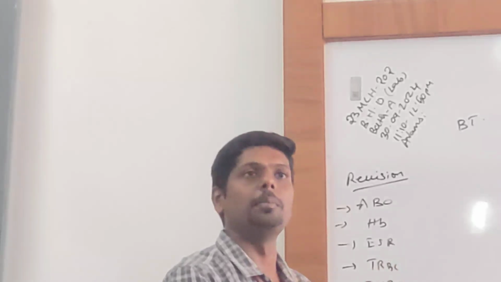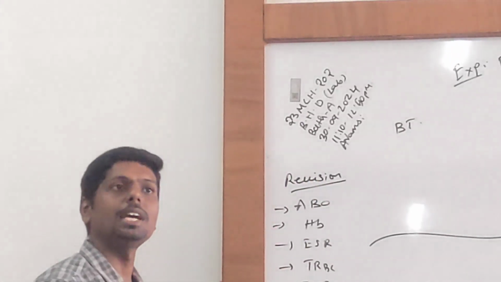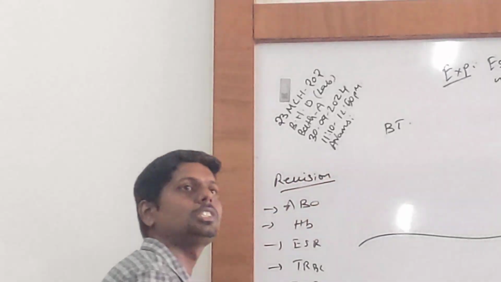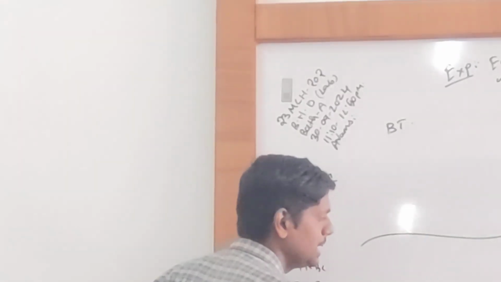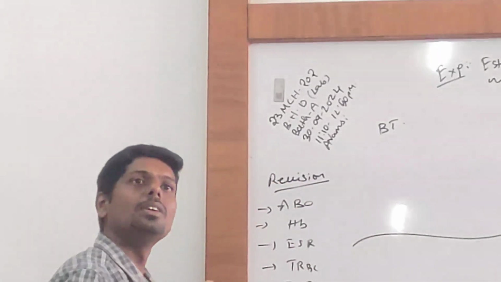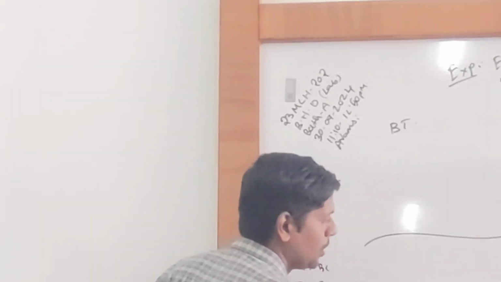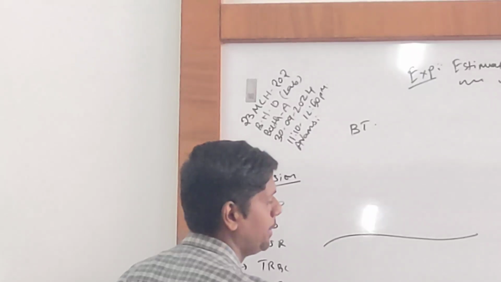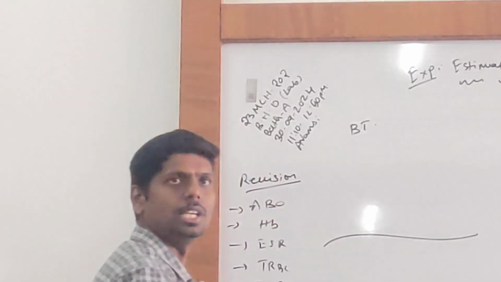What happens in bleeding time? We have a blood vessel, and this blood vessel will be damaged. The damaged blood vessel will expose the collagen fibers, and we know that this blood vessel is made up of endothelial cells.